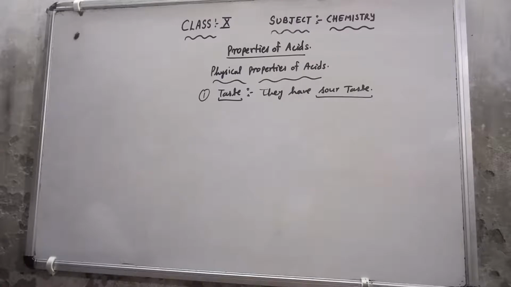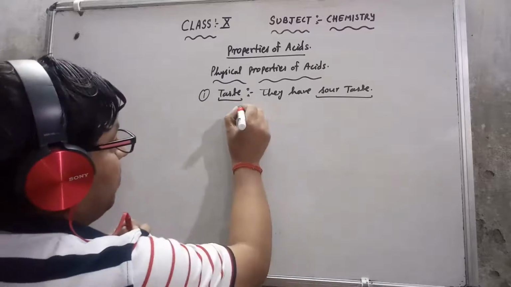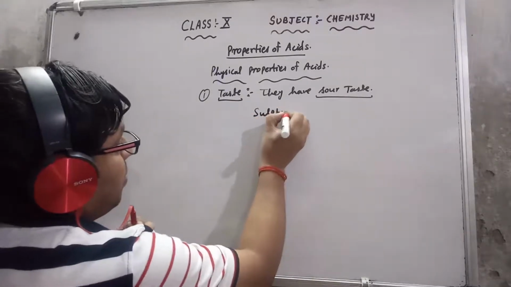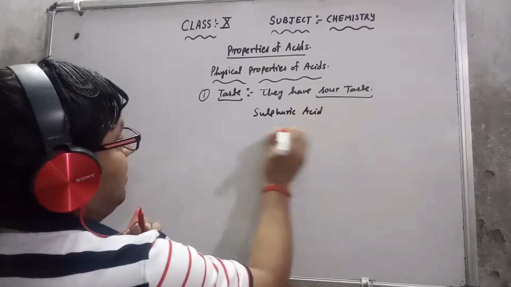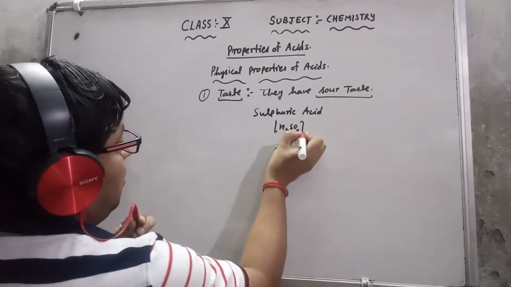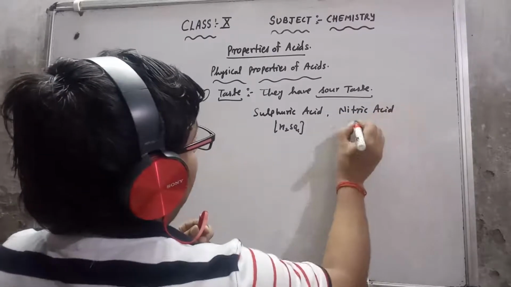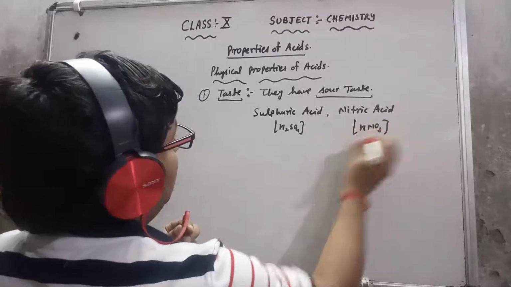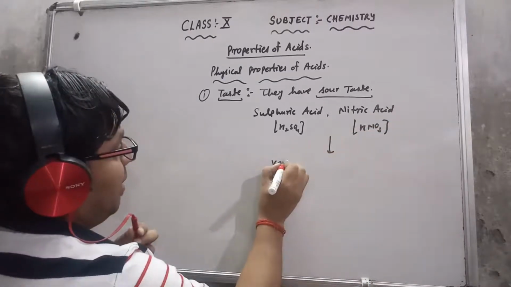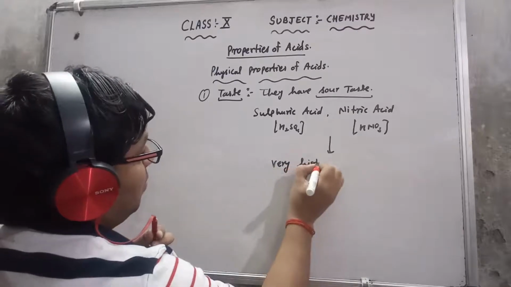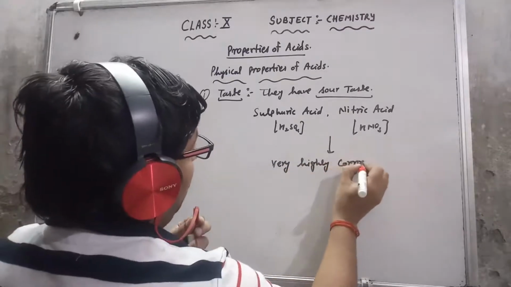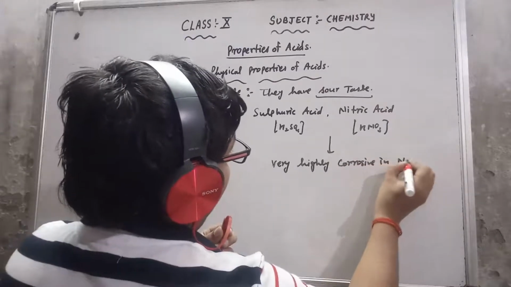one more thing is there: sulfuric acid, H2SO4, and nitric acid, HNO3, are highly corrosive in nature.